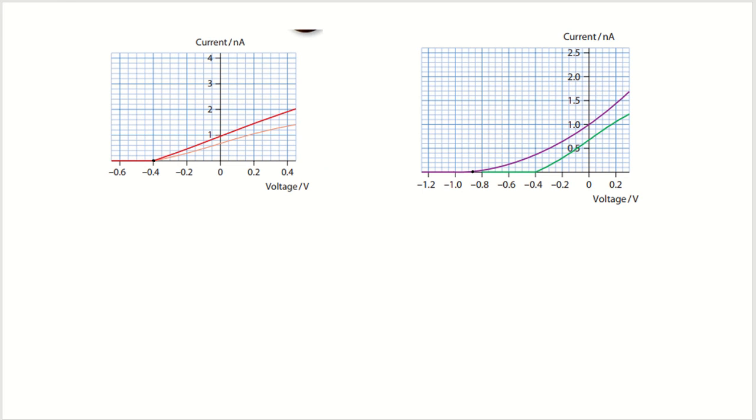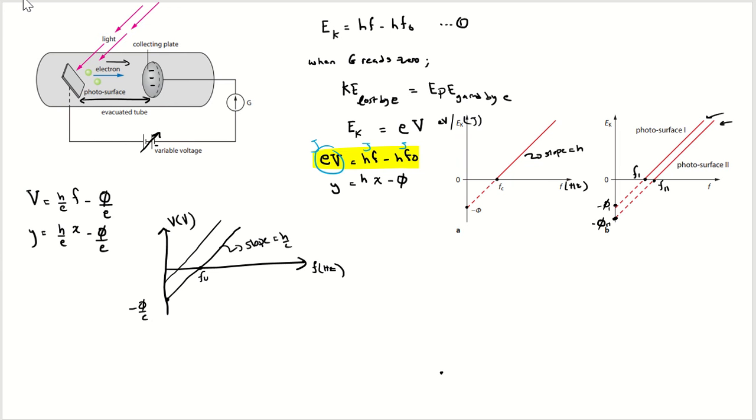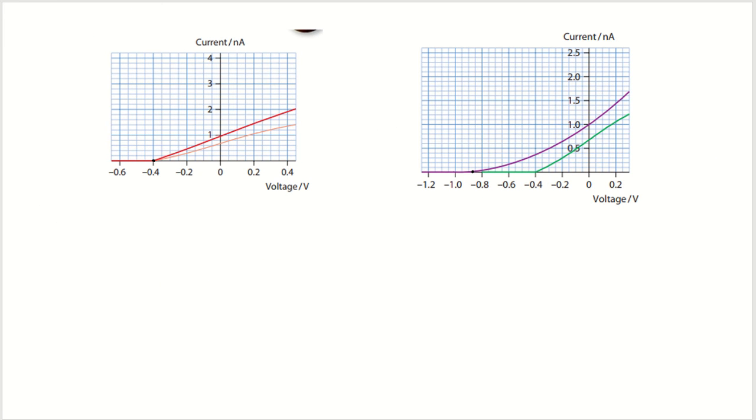Now, let's talk about the same photo surface. I'm changing the intensity of light, so I'm emitting more light. This means that the current is going to increase. Look here, this is the same photo surface. Why is it the same?